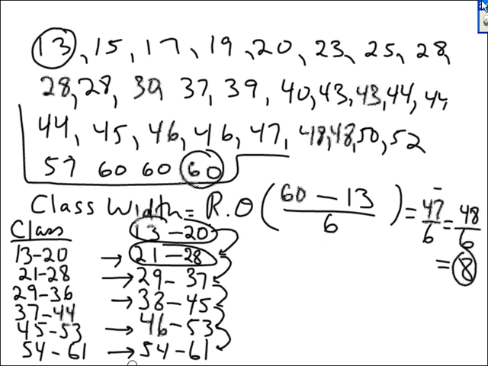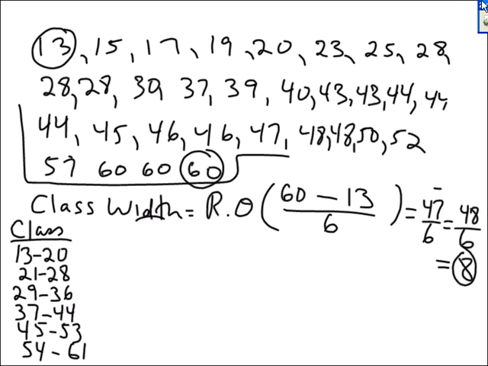Now, the instructions wanted us to make a frequency, relative frequency, and cumulative frequency. We're going to do a lot. We're going to do a frequency table, a relative frequency table, and a cumulative frequency table.